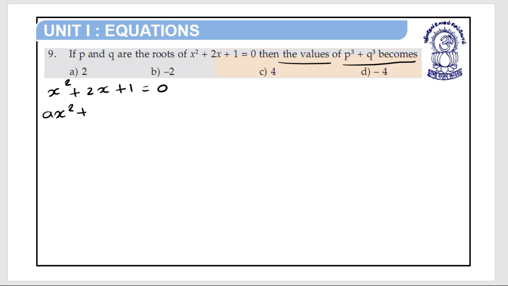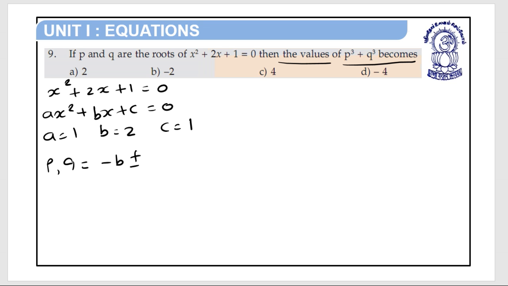Compared with ax square plus bx plus c is equal to 0, a is equal to 1, b is equal to 2, c is equal to 1. p and q are roots, so p and q is equal to minus b plus or minus under root b square minus 4ac upon 2a.